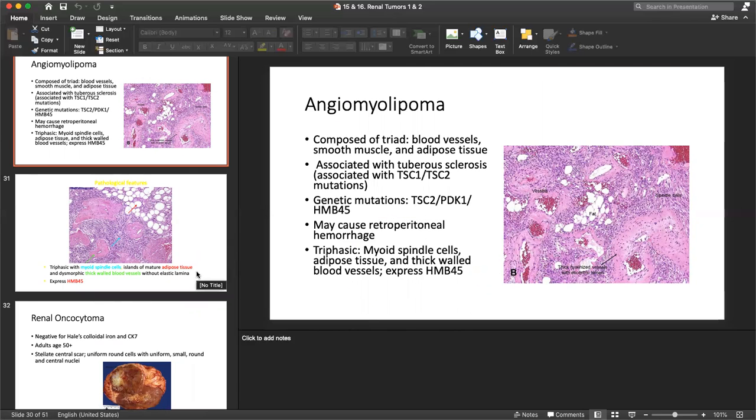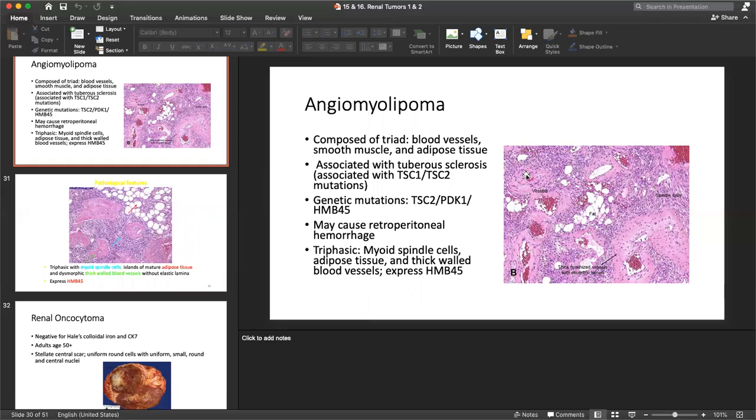Angiomyolipoma. So angio, blood vessels. Myo, muscle. Lipoma, adipose. It's associated with tuberous sclerosis and has genetic components, and it can cause a retroperitoneal hemorrhage. So you're going to see spindle cells, adipose tissue, and then thickened blood vessels.